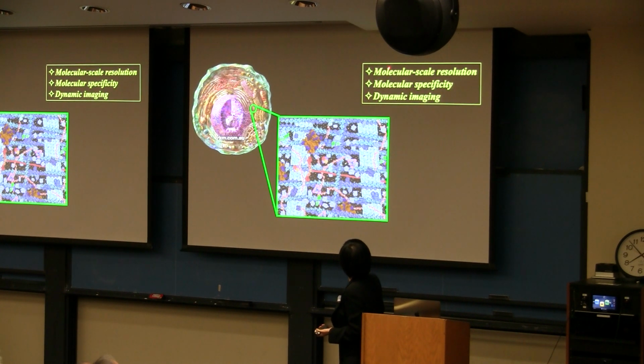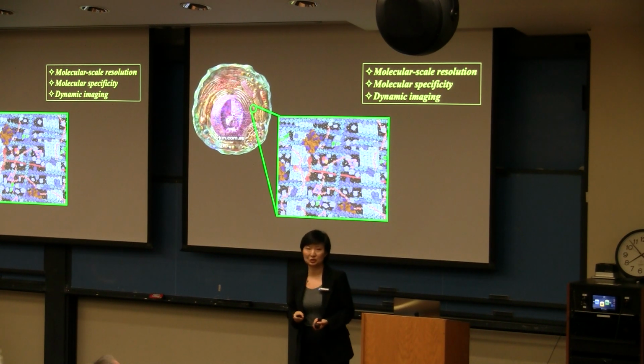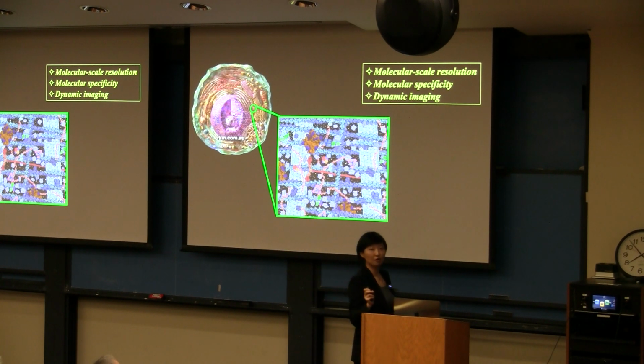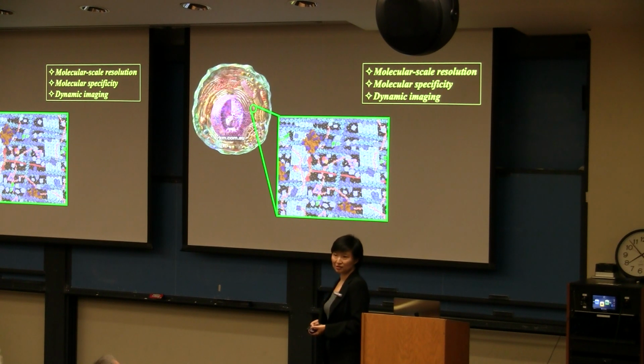So in addition to being able to see these tiny molecules and have molecular scale resolution, we would also like to have what we call molecular specificity, meaning to know the identity of the molecules. And also because cells or living systems are live objects, they're constantly undergoing change and motion and dynamics and so on. So we would also like to have dynamic imaging capability.